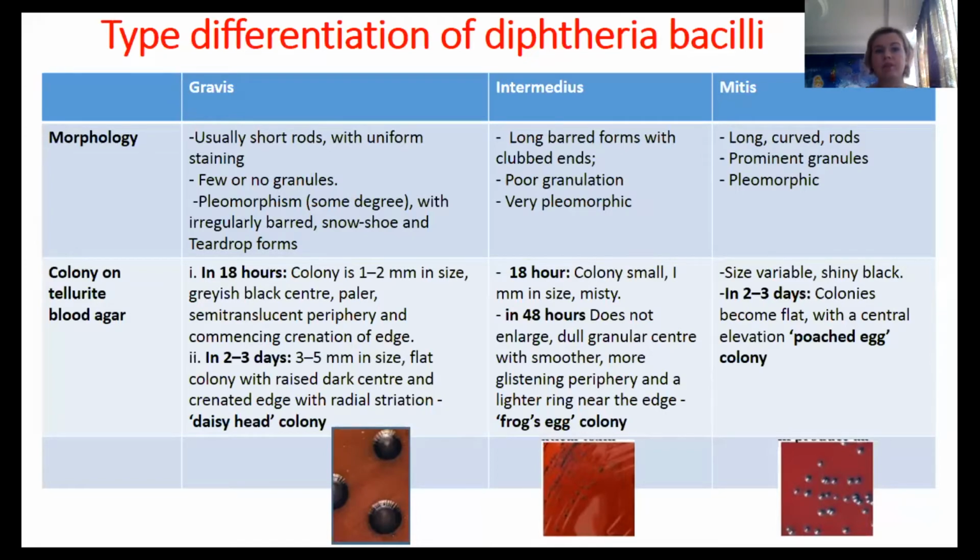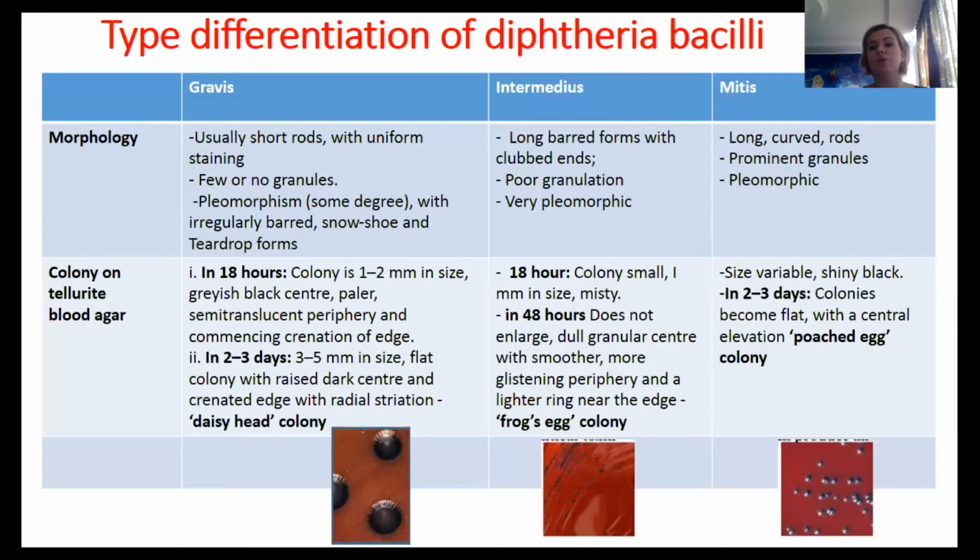Gravis morphology has short rods, uniform staining, few or no granules in the ends of the rods, and presents polymorphism with irregular barred, snowshoe or teardrop forms. Intermedius is characterized by long barred forms, clubbed ends, granulation, and this bacteria is very pleomorphic.